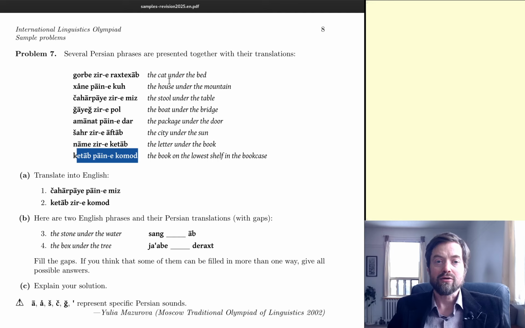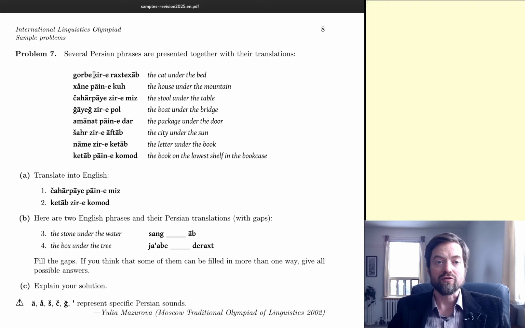But okay, one thing that immediately stands out. You see here how almost every, okay, this is interesting. Now here we see this word under, so the first 7 out of 8 sentences have this word under.